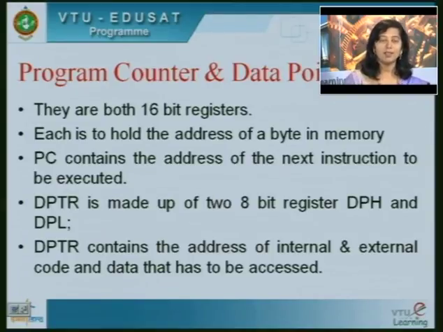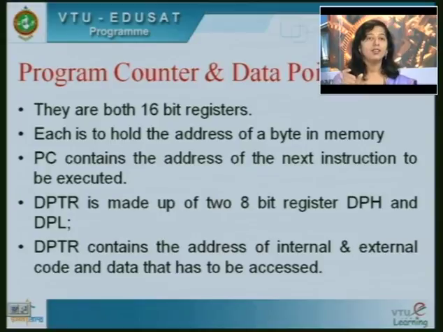So please remember, you write a set of instructions in assembly level, you store it in the program memory, you use a 16-bit value called the program counter. This program counter will always contain the address of the next instruction that has to be fetched from the program.